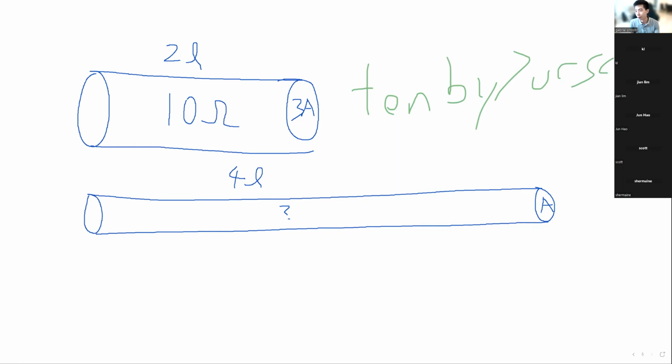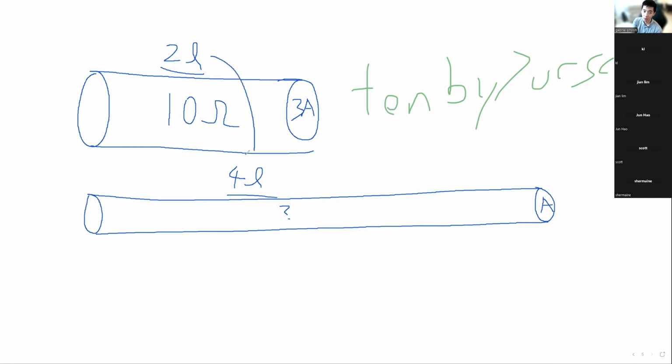Where did your 4 come from, bro? Jewei, where is your 4 coming from? And why is it divided by 4? Think about it. Think back from what we did just now. Your first step is correct. Your second step is not right already. It's 4L, this is 2L.